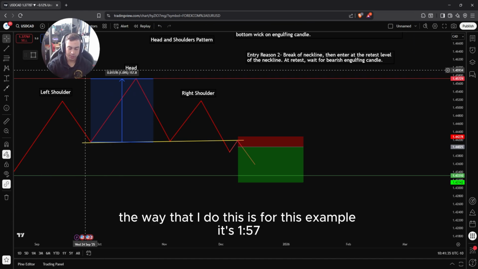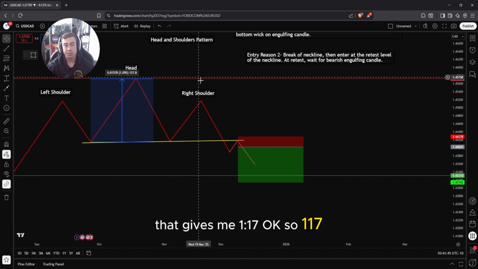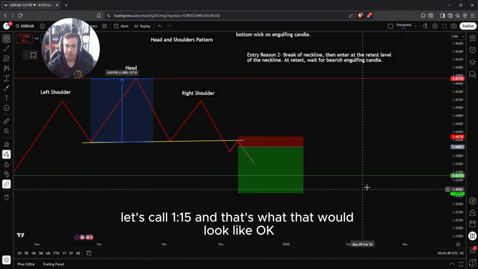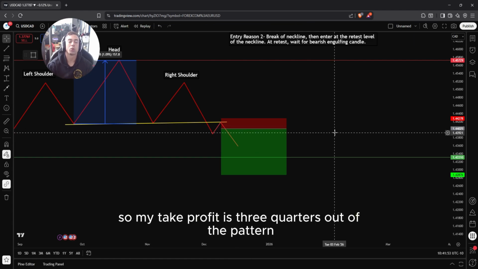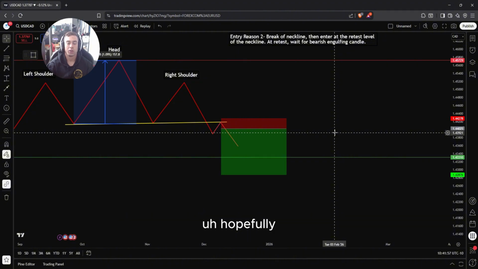The way that I do this, for this example, it's 157. Divide that by 4, then multiply that by 3. That gives me 117. Let's call it 115, and that's what that would look like. My take profit is 3/4 height of the pattern, because that's what our breakout is hopefully going to be. And my stop loss is just above the wick of that bearish engulfing candle.